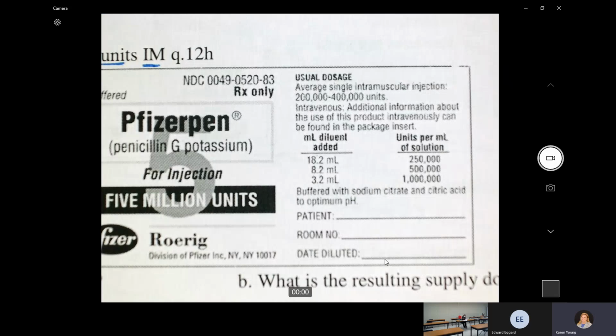Did anybody choose the 2 milliliter or the 18.2 milliliters of diluent? Okay, let me ask it this way. What did y'all choose? I chose the 8.2. The 8.2? Okay, how many milliliters are you going to give? 1.